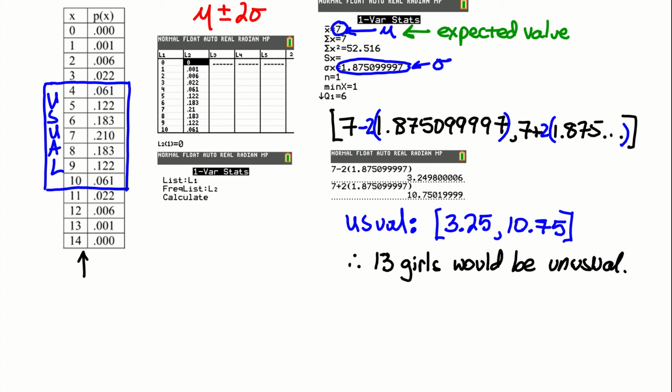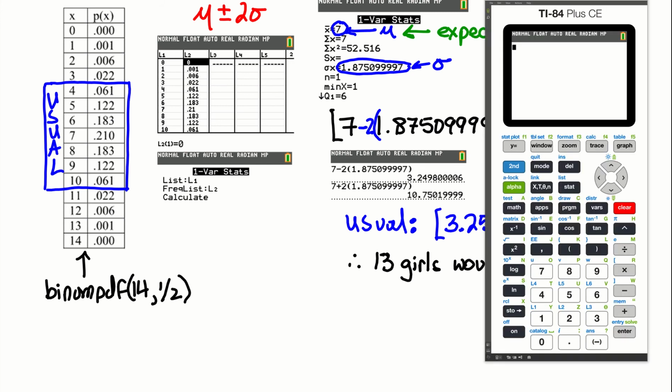All we would have to do is binom PDF, 14 trials, probability of success, which would be getting a girl in this context. And then I would not put in an X value indicating the number of successes. And what that'll do, and this is the thing I just learned, is it'll give me all of the possible outcomes. So second vars, go down to binom PDF.